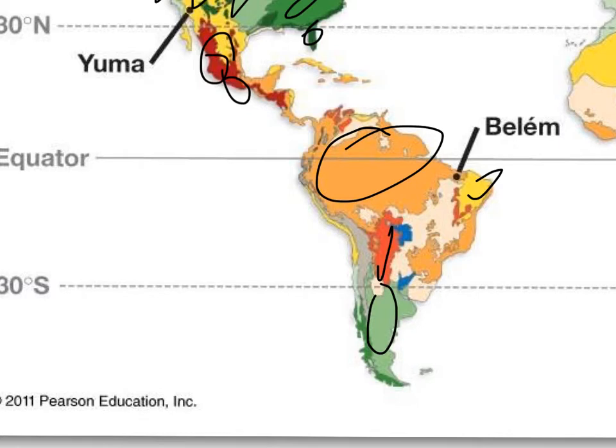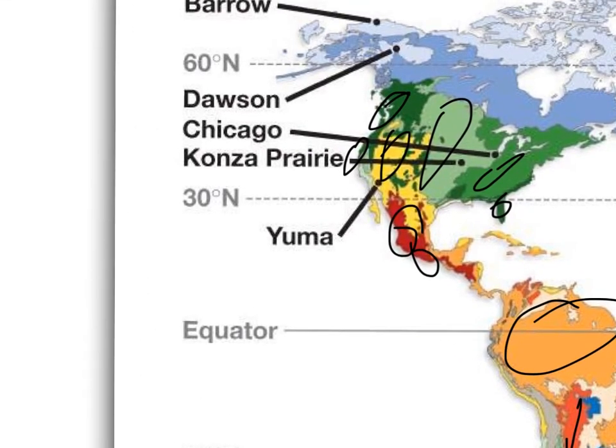Here, then, we have kind of a subtropical grassland. And then down here is very much like up here in the Pacific Northwest, evergreen rainforests, where they get a lot of rain.